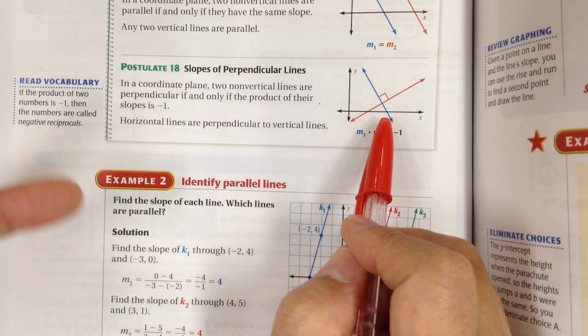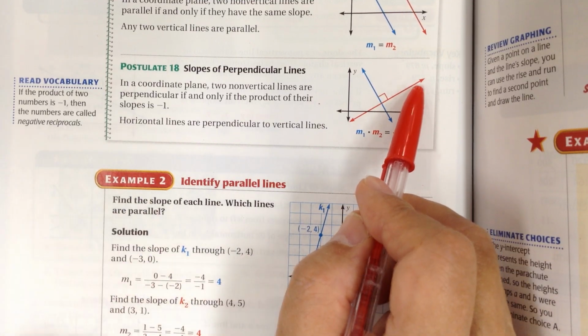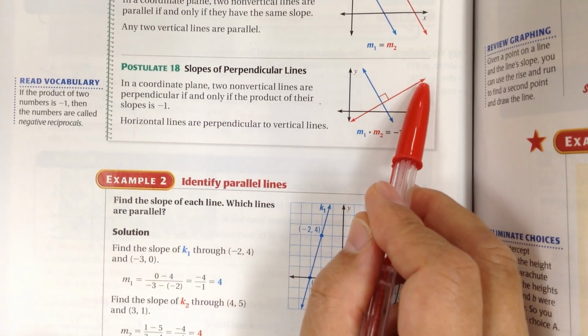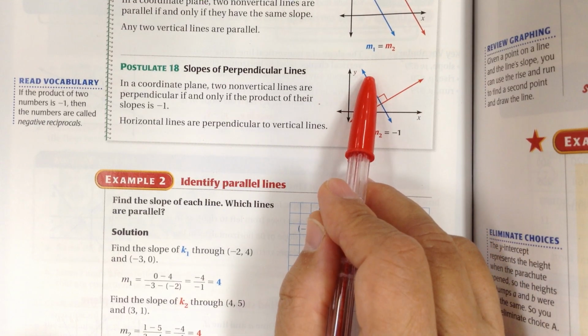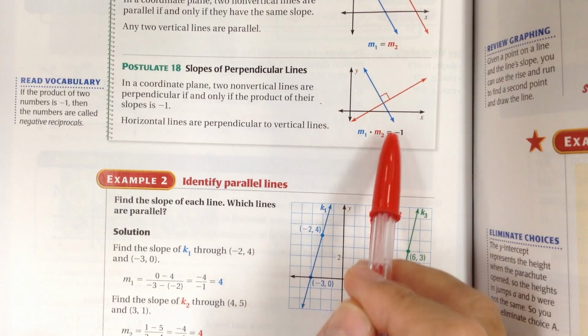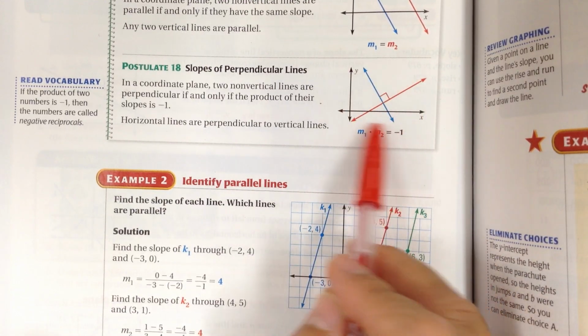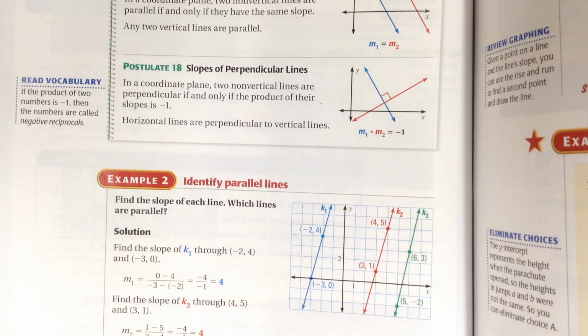Right, it's the negative reciprocal. So change the sign and flip it over. So again, if this is 2 over 3, then this would be negative 3 over 2. So if the lines are perpendicular, the slopes will be negative reciprocals of each other, or when you multiply them together, it gives you negative 1.